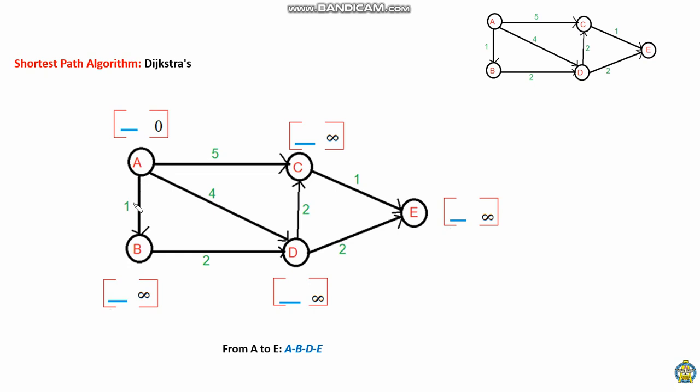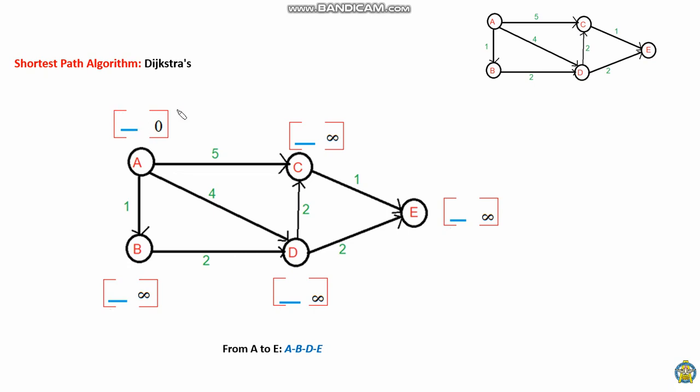A probe means, suppose I come to node B, that means a probe was made from A, or I was traversing from A. So that is this entry, the preceding node. And this is the shortest distance so far known from the starting node to that node. So first is the preceding node, next is the shortest distance so far.